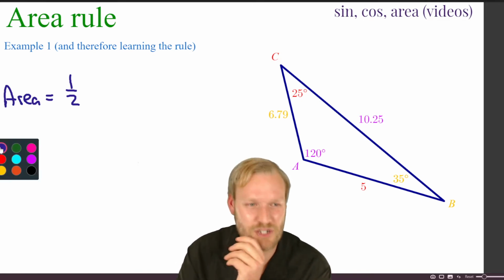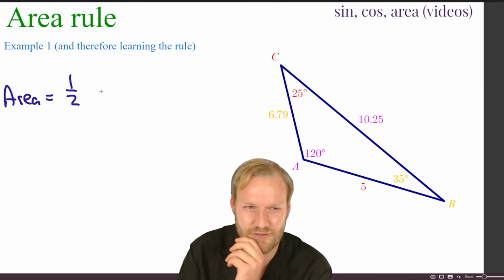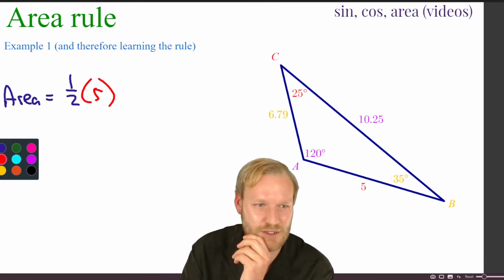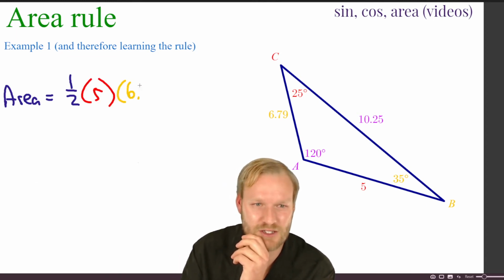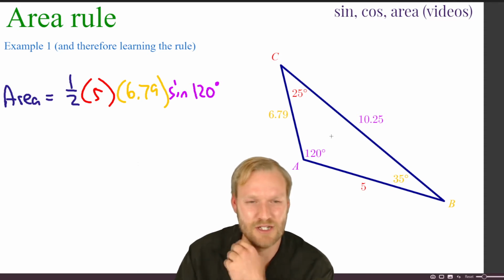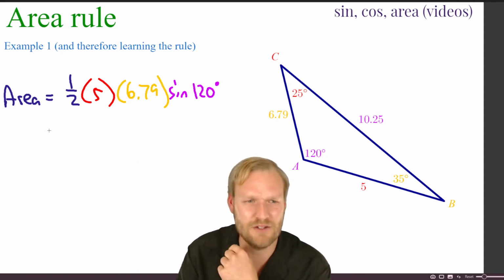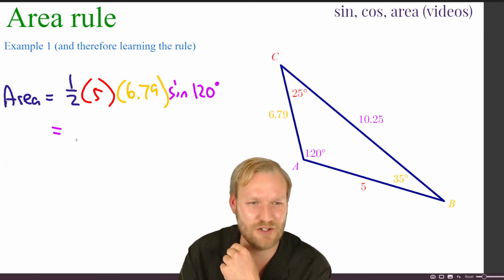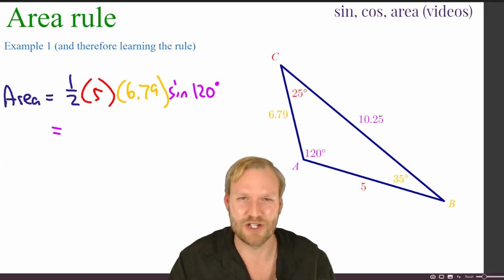It doesn't matter which, I'm going to go for 5 first, multiplied by that 6,79, and multiplied by sine of the angle in between. So sine 120 degrees. Okay, and into your calculator that goes, and tell me what you get.